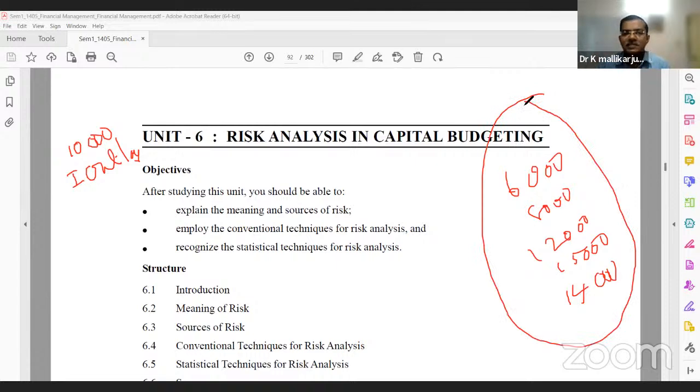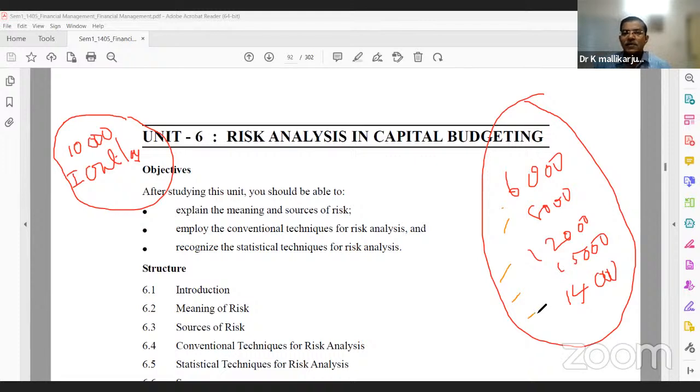We have not started the business. We assume that if you start with 10 lakh rupees of capital, the cash flows are this much.